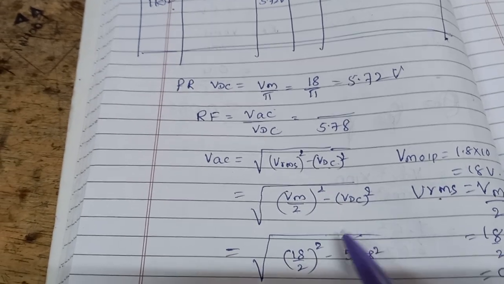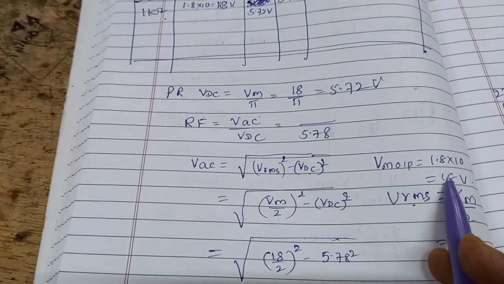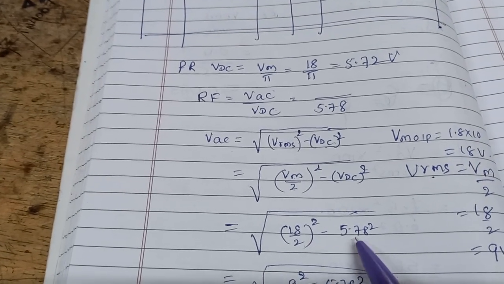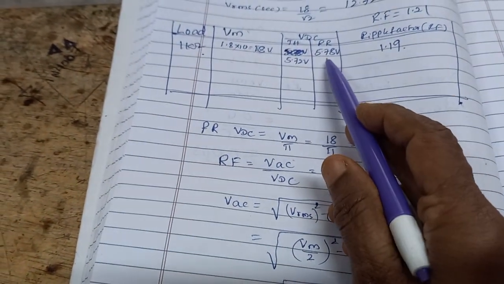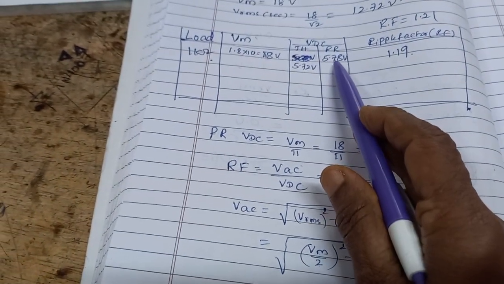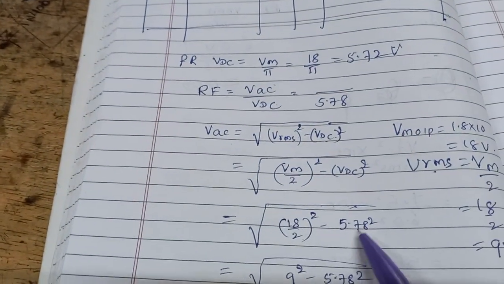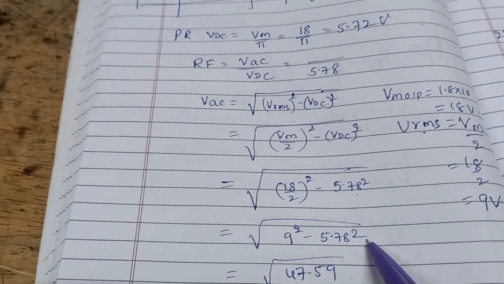Vm is 18 volts, which I got just now from the output. So 18 volts divided by 2, whole square, minus the practical value of VDC, which we measured with the multimeter, 5.78. Let us substitute that. 18 by 2 is 9, square, minus 5.78 square.